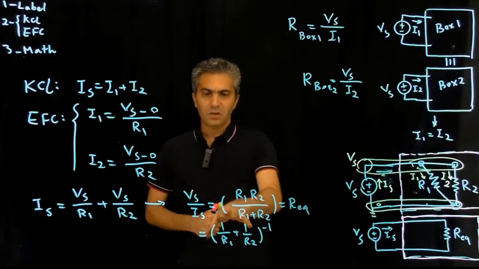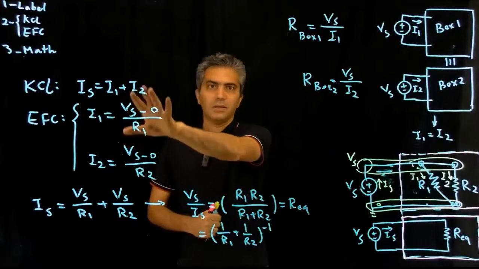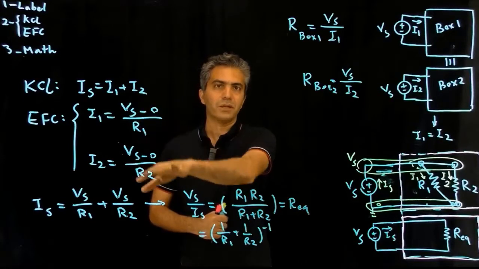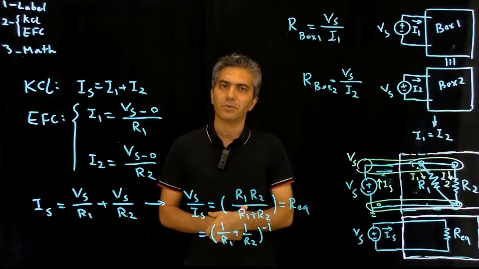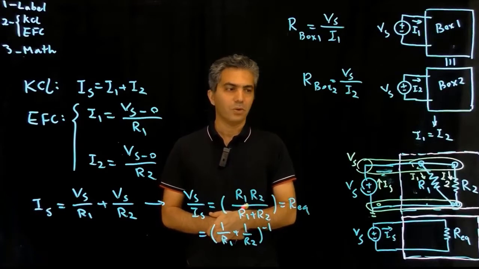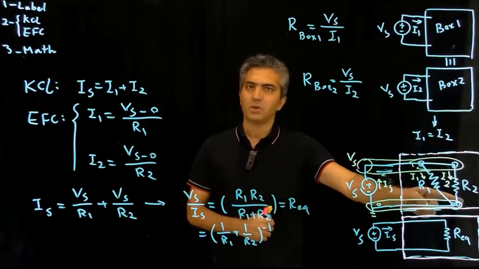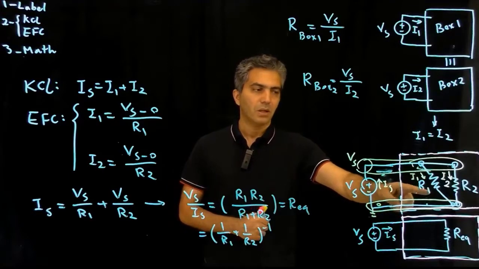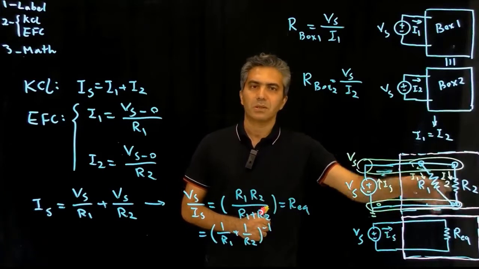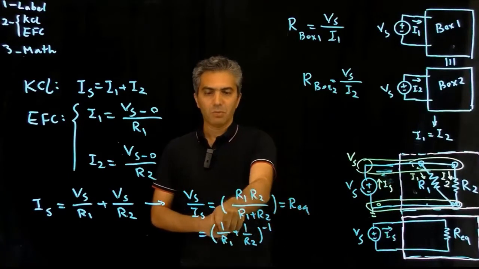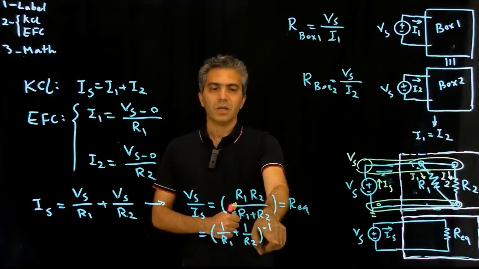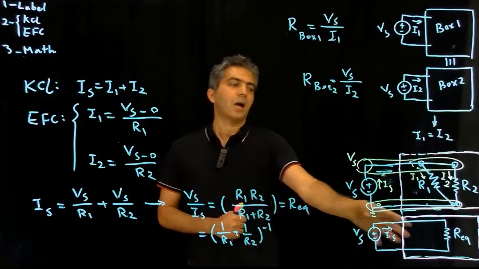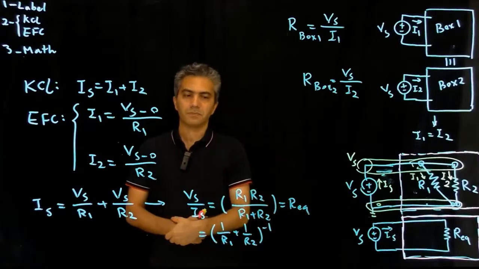Now, you can take this approach and extend it to any number of resistors in parallel to each other. For example, if instead of just 2 resistors, I was dealing with 3 resistors in parallel, it would be 1 over R1 plus 1 over R2 plus 1 over R3, and the whole thing inversed, and that would be the equivalent resistance.